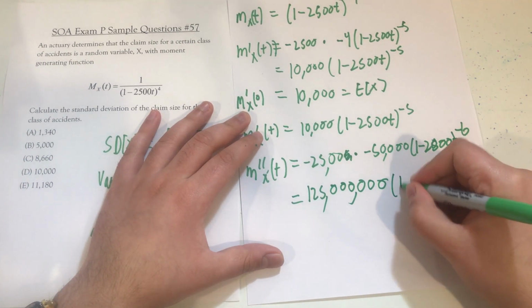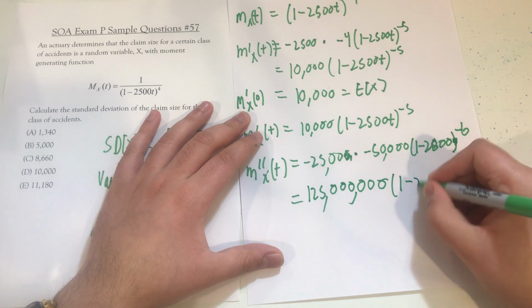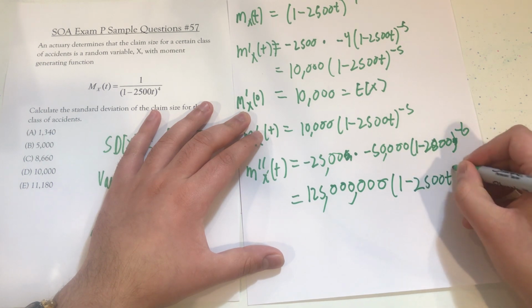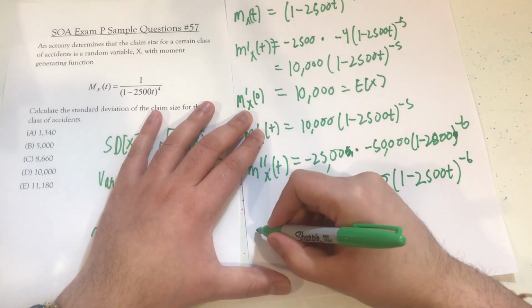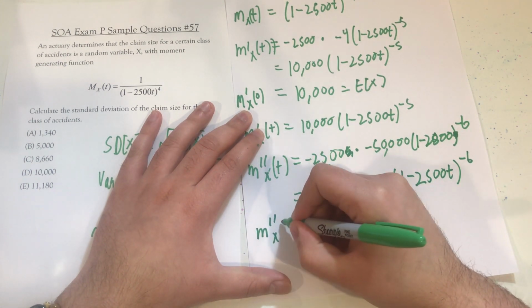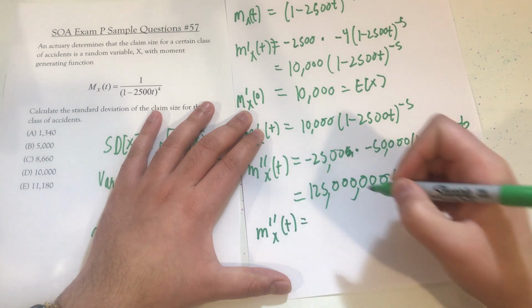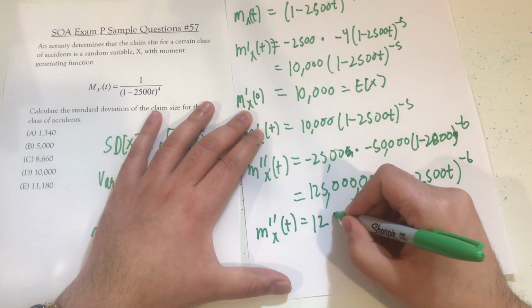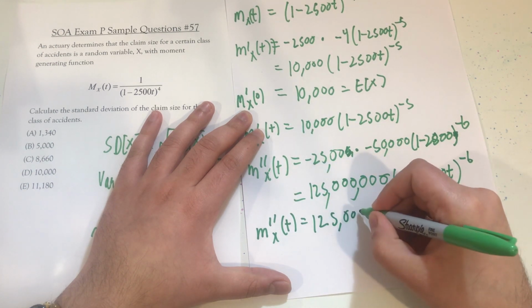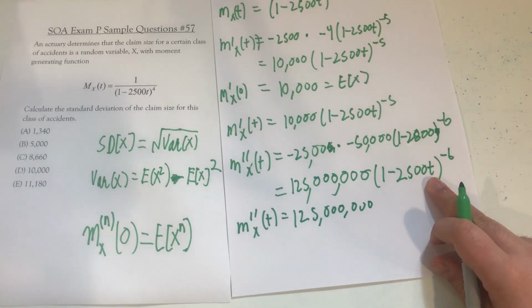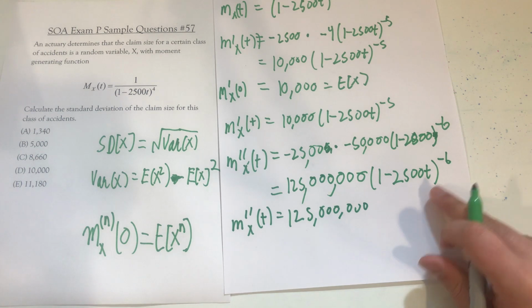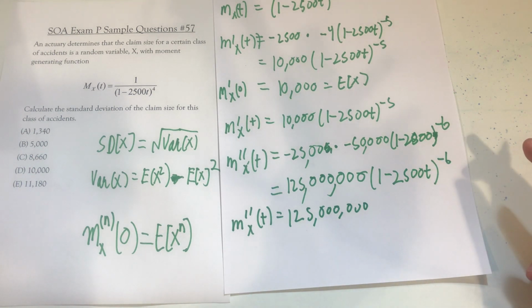And that's multiplied by 1 minus 2,500 t raised to the negative sixth, evaluating at 0, which will just leave us with 125 million. Right, because plugging in 0 here should get us 1 minus 0 to the negative 6, which is just 1. 1 times 125 million is 125 million.